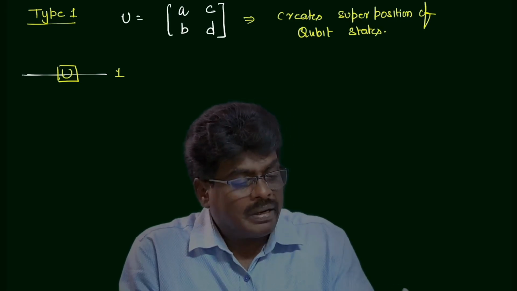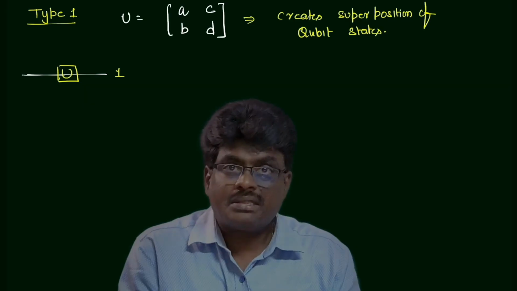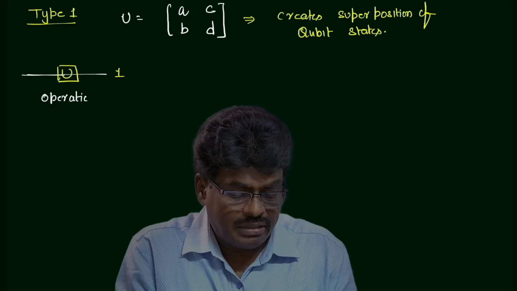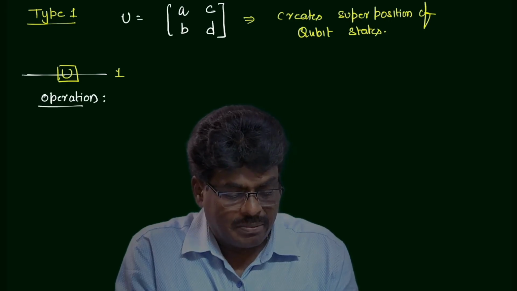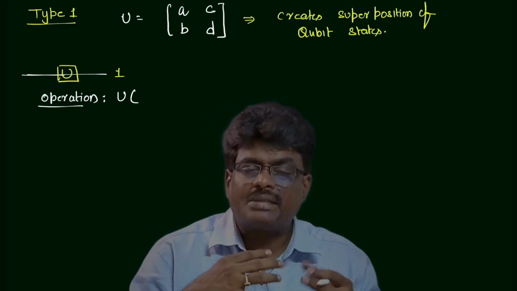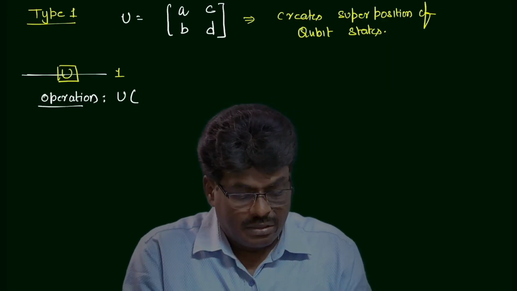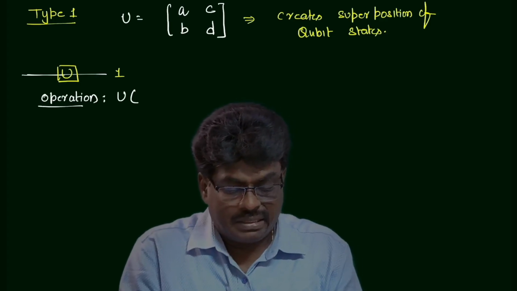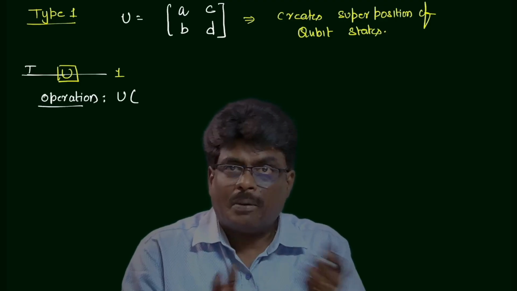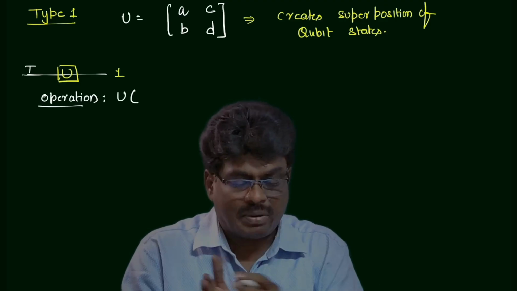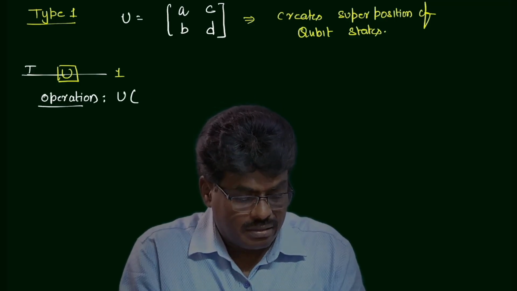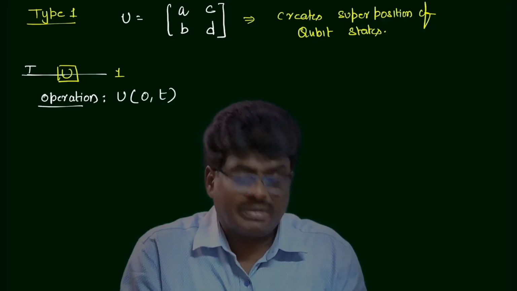And here the operation is represented by U. Because this is a single qubit, this is very crucial: it may be H, it may be Rx, it may be Ry. So there is no control. I am taking this as a target bit only, because this U operator operates on that qubit state. That's why I'm using the word target. So this is 0 comma t, t for target.